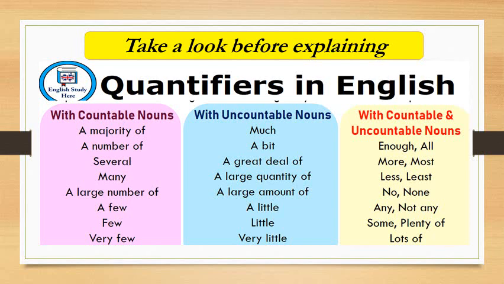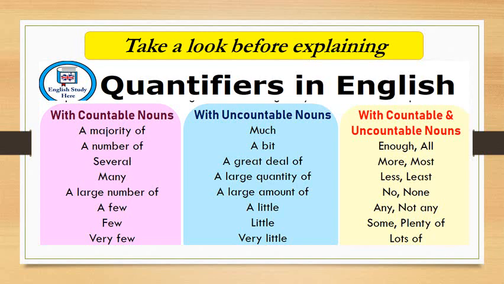Okay, what about the quantifiers with both of them, countable and uncountable? Enough, more, most, less, least, no, none, any, not any, some, plenty of, lots of. What does this mean, a quantifier with countable and uncountable? This means I can say I don't have any money and I didn't see any boys.